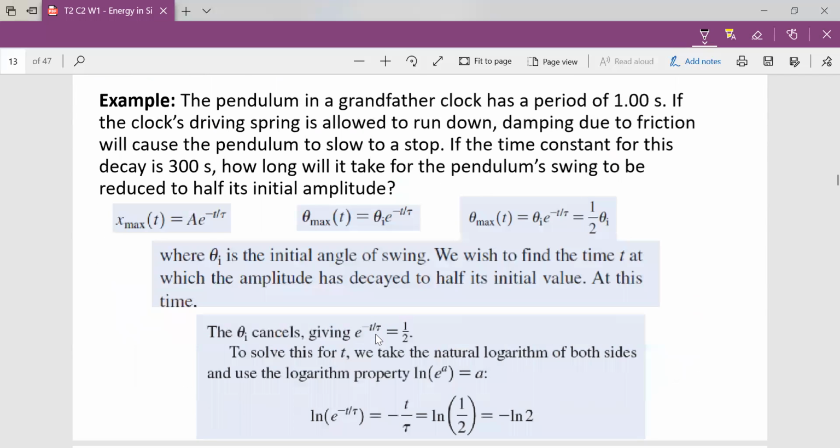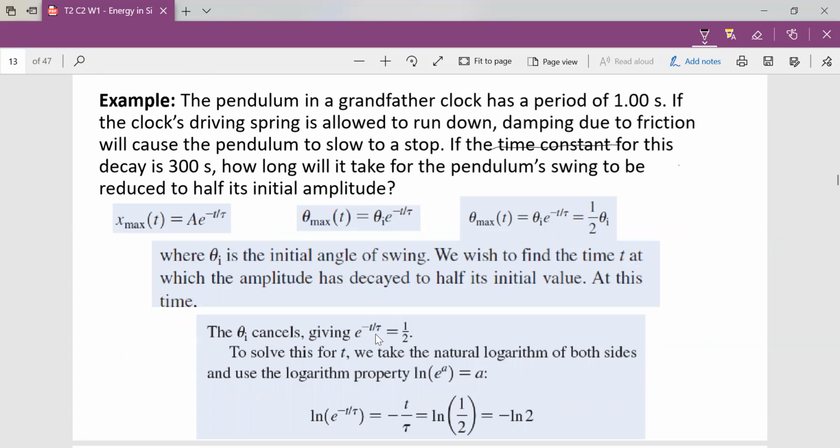So let's take an example. A pendulum of a grandfather clock has a period of 1 second. If the clock's driving spring is allowed to run down, damping due to friction will cause the pendulum to slow to a stop.